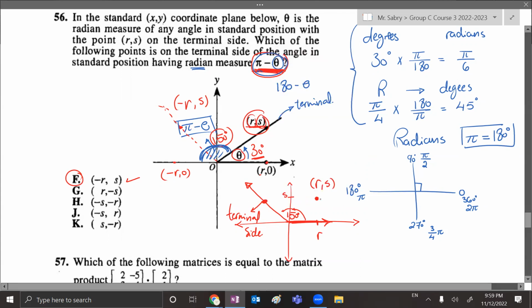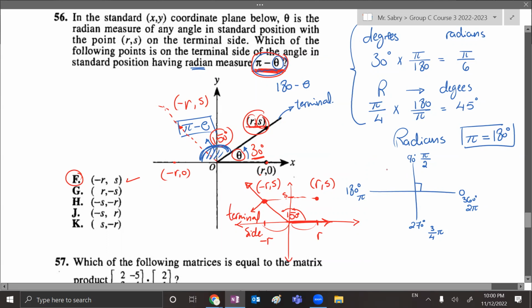The same y value is shared between them. So this one would still have s as the y, right? But then what's the x coordinate? If this is positive r, then on this side it would be negative r, right? Yeah. So then this point on the terminal side could be negative r and s.